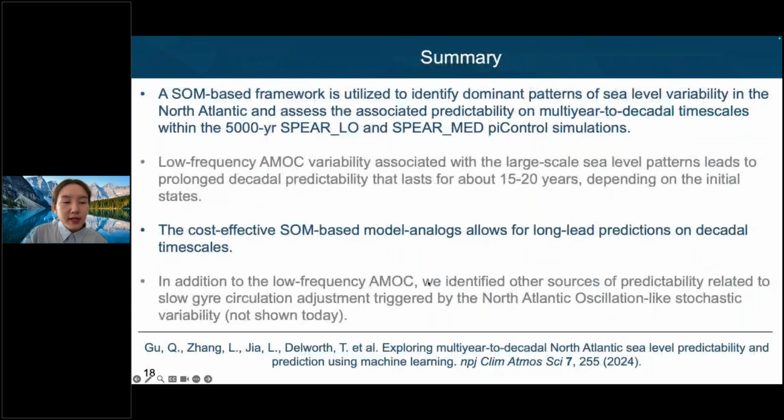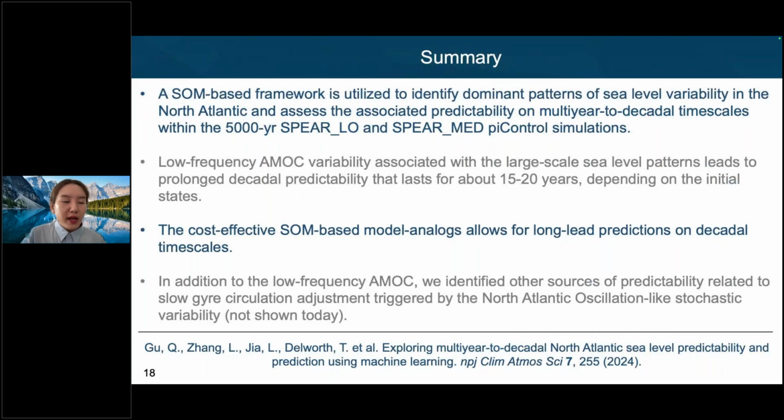So in summary for this study, we use a SOM-based framework to identify dominant patterns of sea level variability in the North Atlantic Ocean and assess the associated predictability on multi-year to decadal timescales within the 5,000-year pre-industrial control simulation.